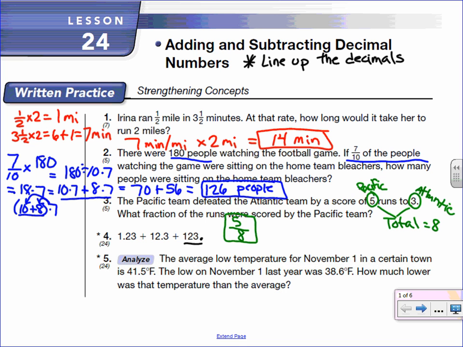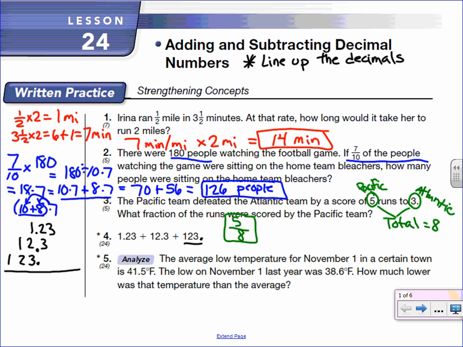So if I'm going to add these up, I need to have 1.23, and the decimal point of the next one needs to line up. And then we'll have 12.3, and then the decimal point of the next one, which is at the end, needs to line up. So we'll have 123.